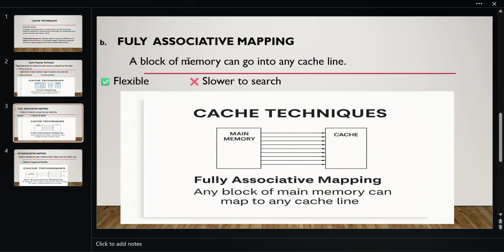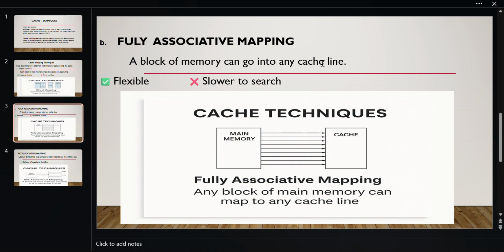We have the fully associative mapping. A block of memory can go into any cache line.